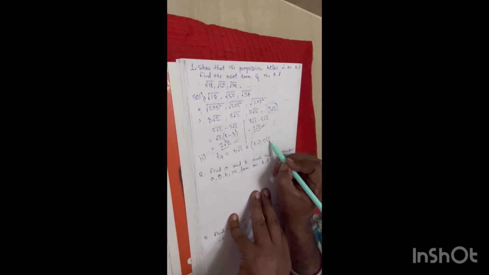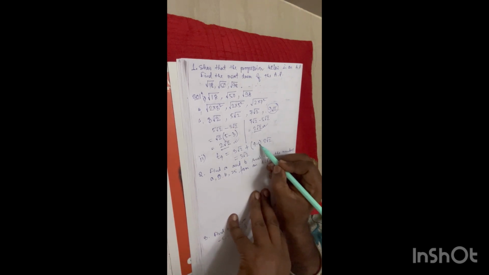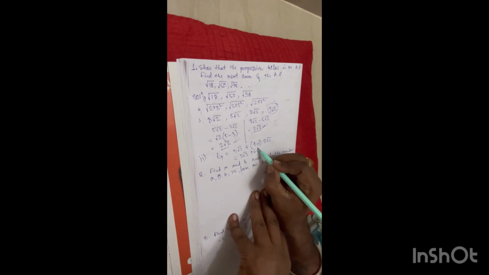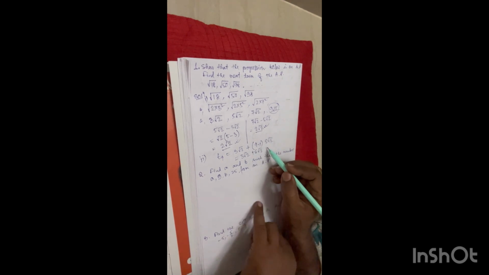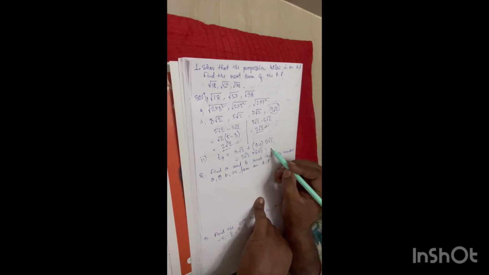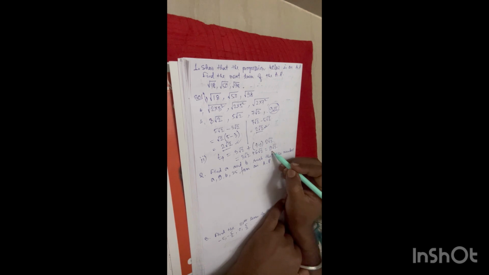So what is the result ultimately? 4 minus 1 is 3, 3 into 2 is 6, so 6 root 2. Now for addition also it follows the same rule. Root 2 can be taken common. 3 plus 6 is 9, and ultimately root 2 will be kept adjacent to this.